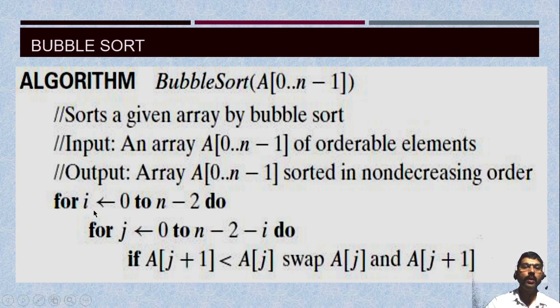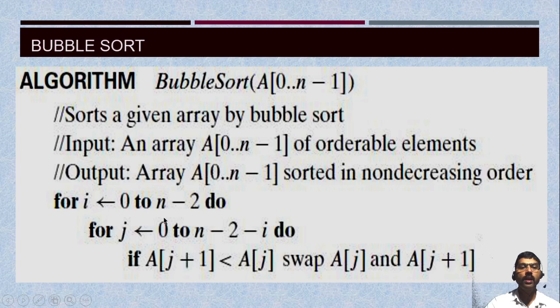We have two variables, i and j. i is the pass number. The total number of passes is indicated by i, and j indicates the adjacent elements of the array. We have to conduct this n-1 times. Totally we need n-1 passes.